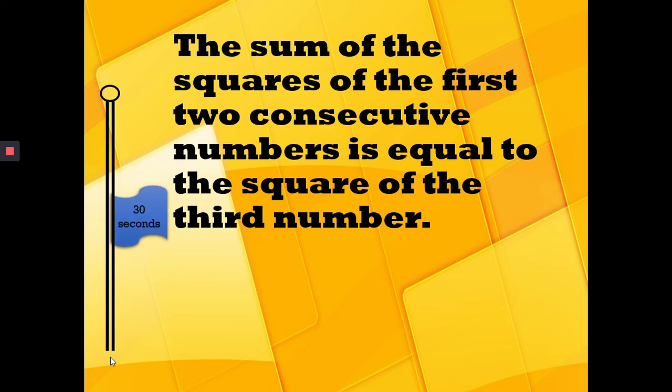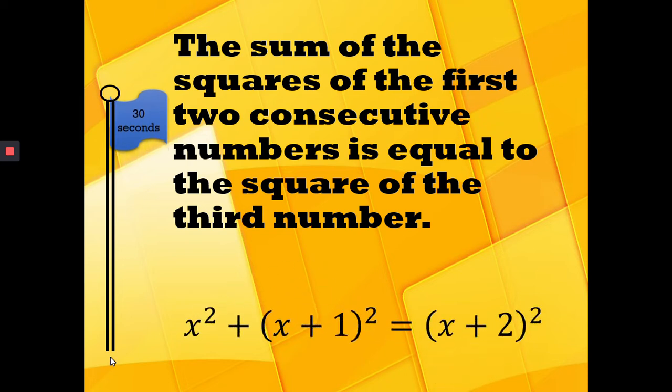Look for the hint that you can use so that you will know what you're going to answer. Time's almost there. Time's up. The answer is x squared plus the quantity x plus 1 squared equals the quantity x plus 2 squared.